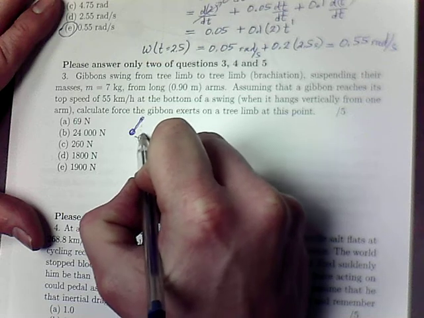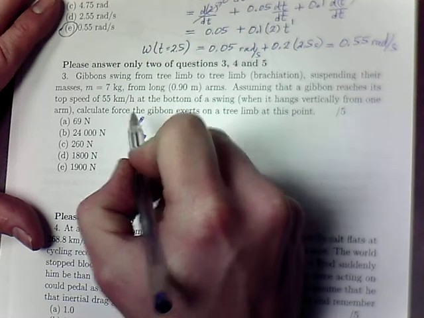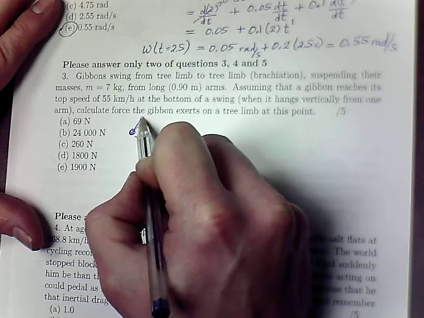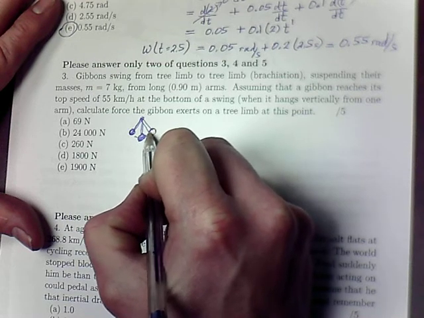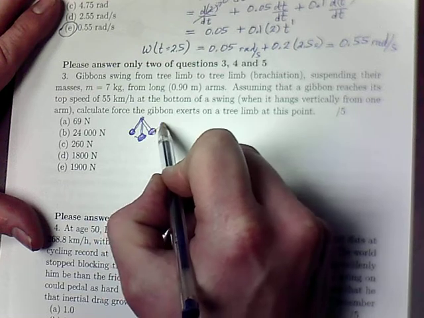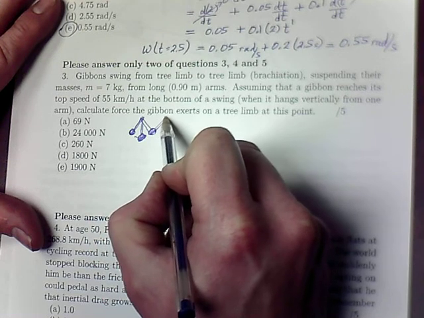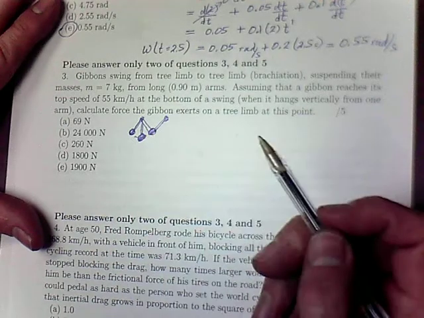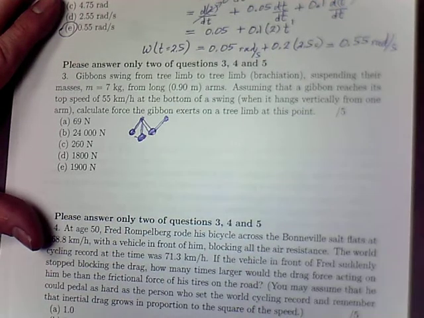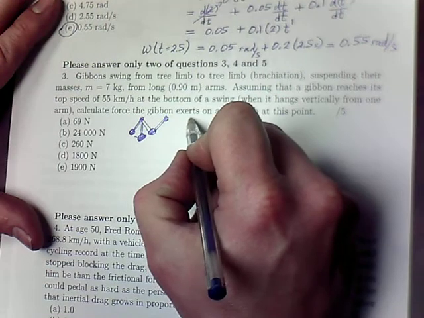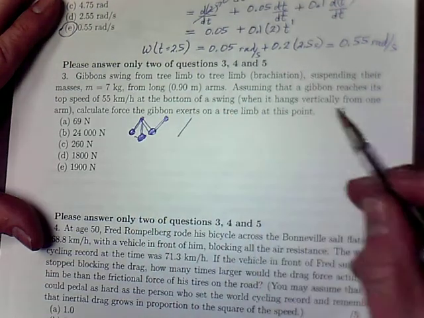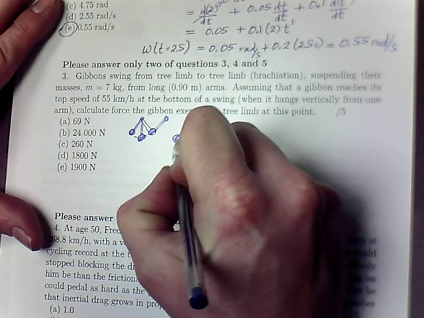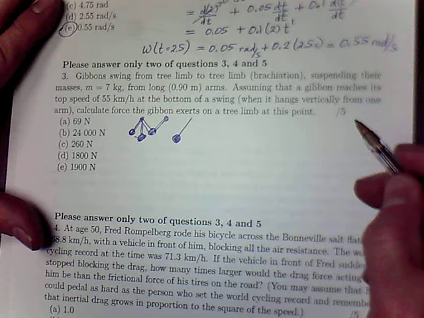It would be fastest at the bottom of its swing, and then as it starts to release on one location, it will put out its other arm to try to go to the next tree. So we're going to assume that this gibbon can be modeled as though it's a point mass hanging at the bottom of a mostly massless arm.